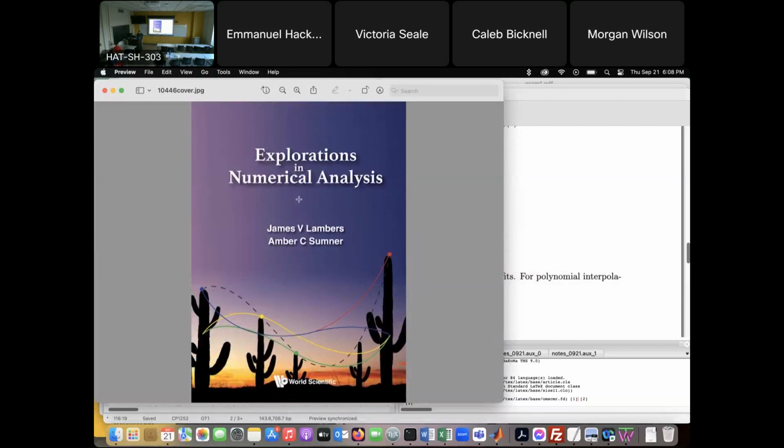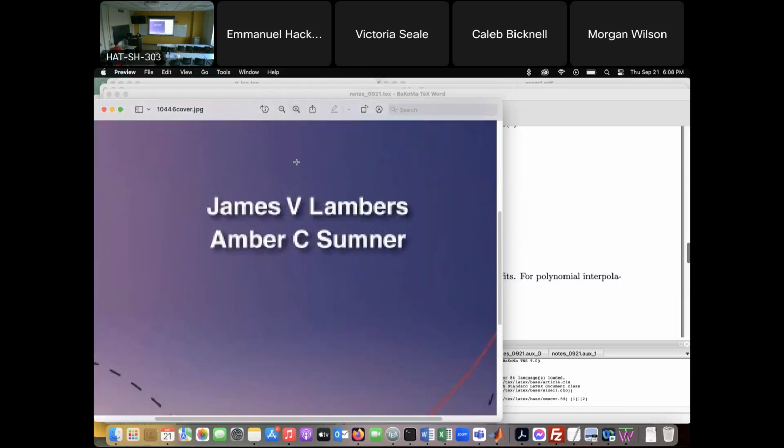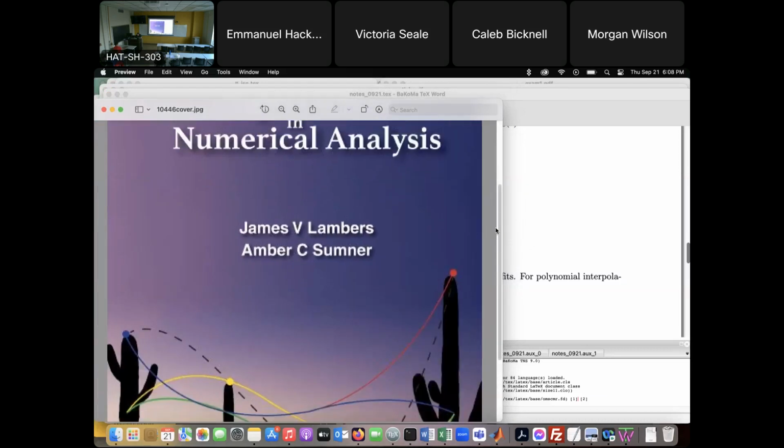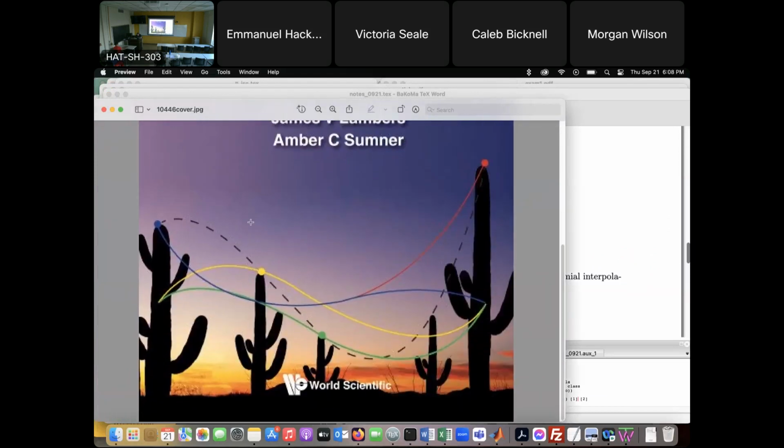If I make it a little bigger. Okay. Now, the black dashed curve is a polynomial that is designed to pass through the tops of all the cacti.